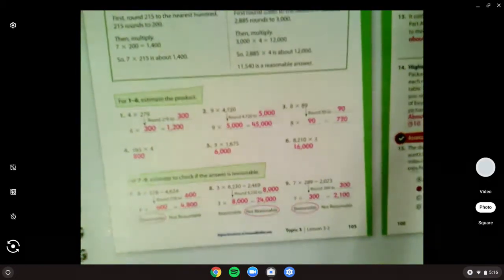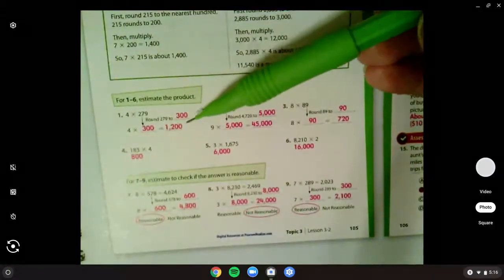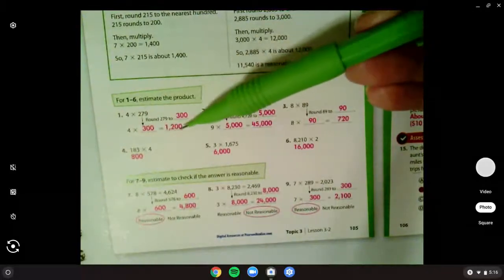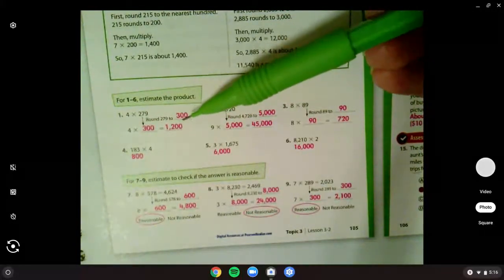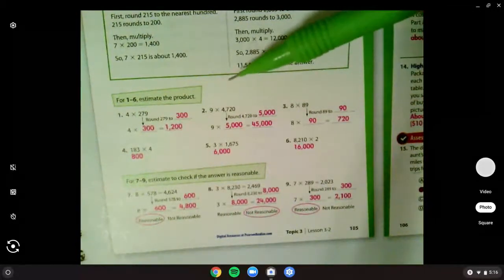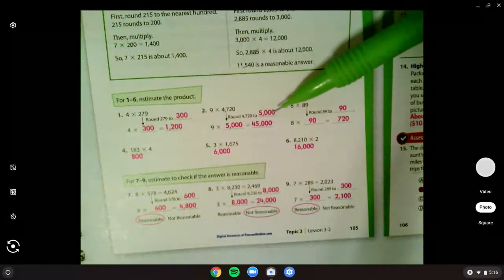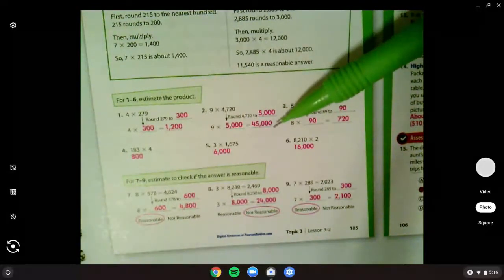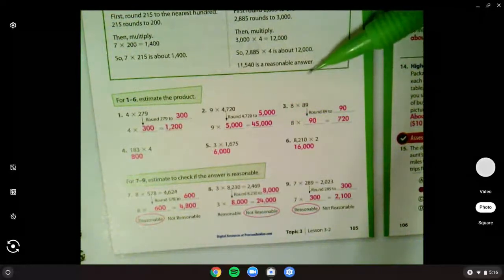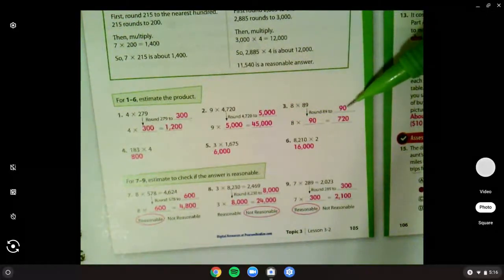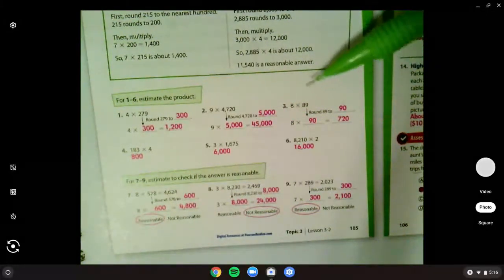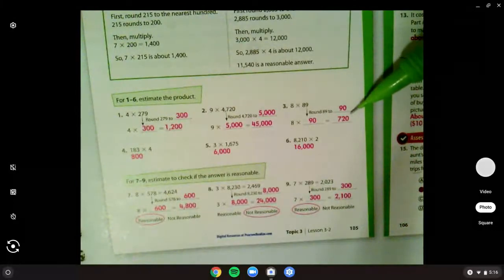All right, so number 1, you should have rounded to 300 and gotten a product of 1,200, an estimated product. Number 2, you should have rounded to 5,000 and got an estimated product of 45,000. Number 3 wanted you to round it to 90, and then you should have got an estimated product of 720.